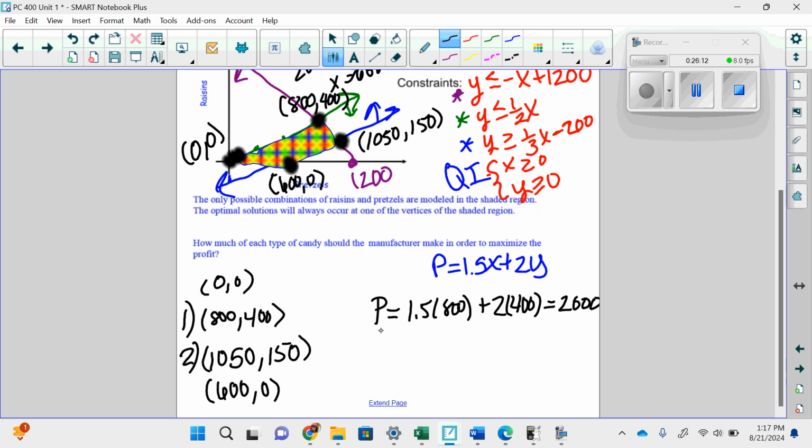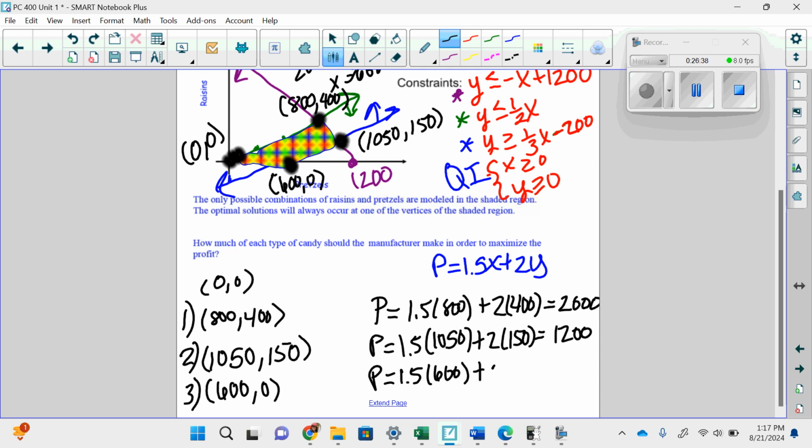Testing the second intersection, we have 1.5 times 1,050 plus 2 times 150, and that ends up giving us 1,200. And then that third one, we have 1.5 times 600 plus 2 times 0, and that ends up giving us 1,875. So we got a winner here.